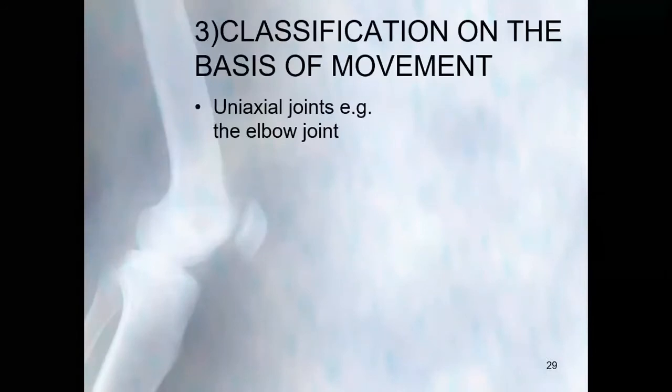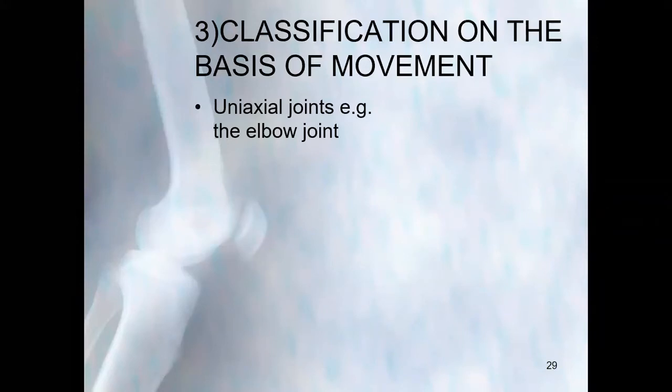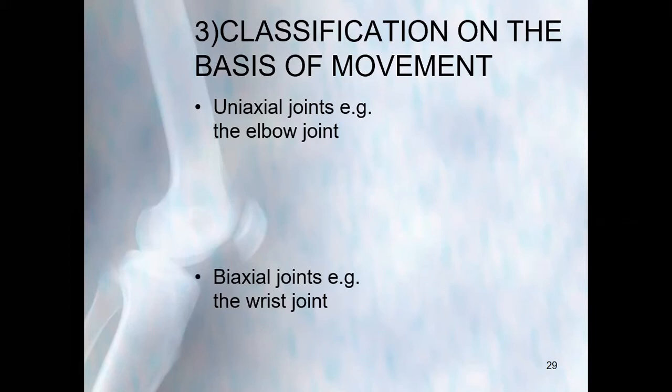On the basis of movement, we have already discussed the movements of the joint, but here is the classification of joints based on movement. Uniaxial joint, for example the elbow joint, moves in one axis only. Only extension and flexion are present.